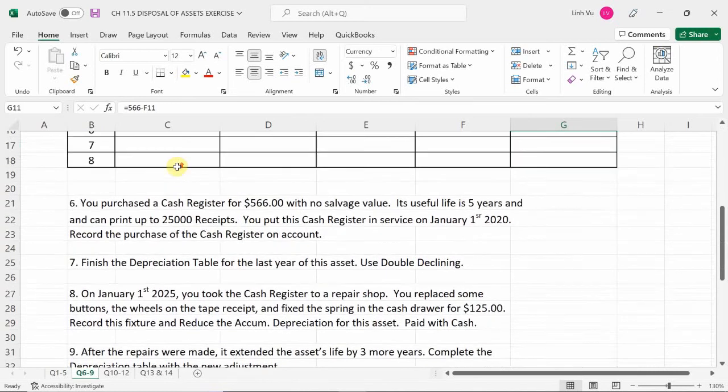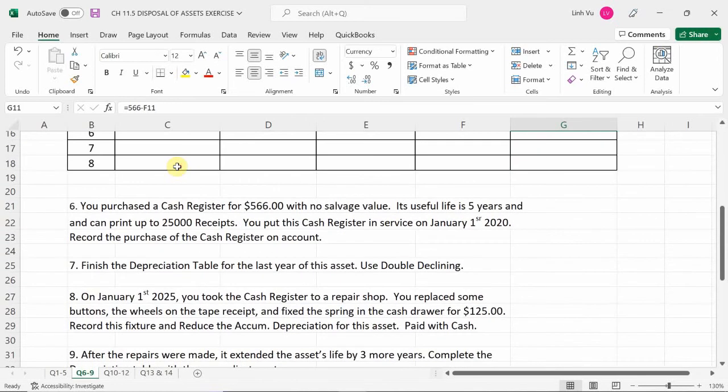Question number 6. You purchased a cash register for $566, with no salvage value. Its estimated useful life is 5 years, and it can print up to 25,000 receipts. You put this cash register into service on January 1st, 2020. Record the purchase of this cash register on account.